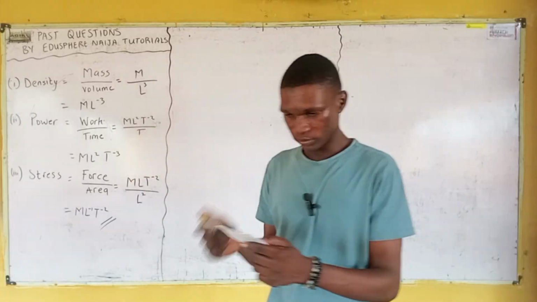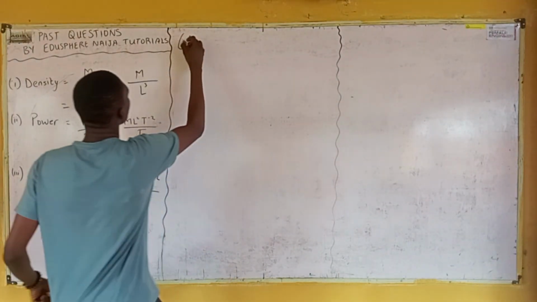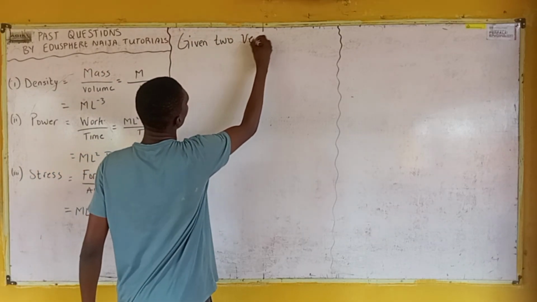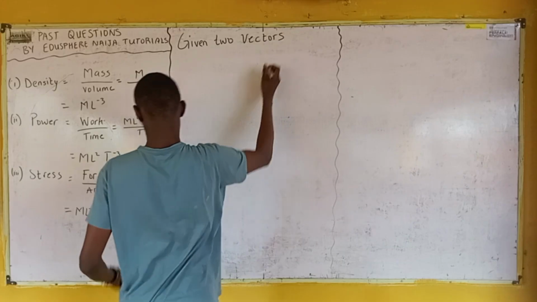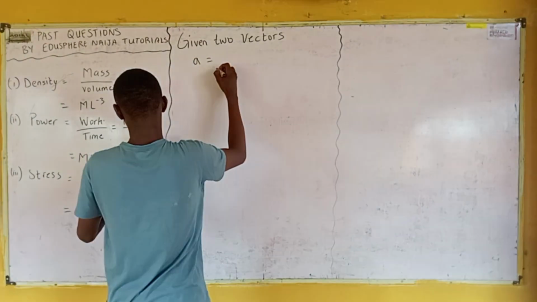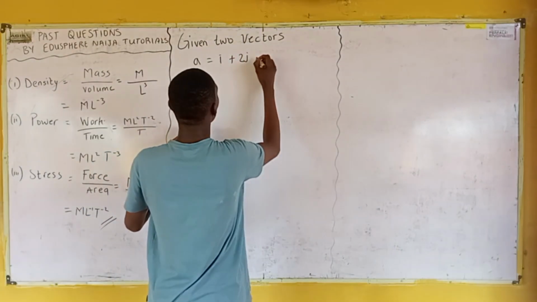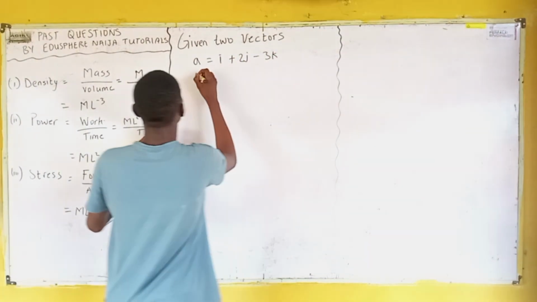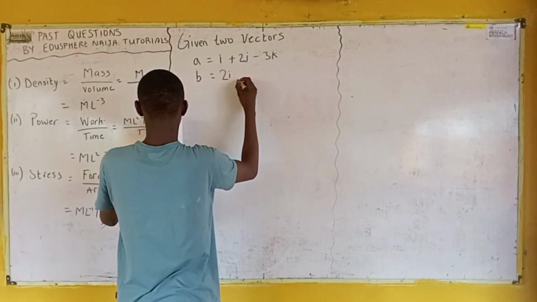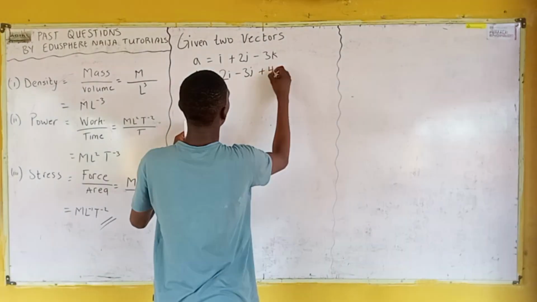The next question: given two vectors, A equals I plus 2j minus 3k, then B equals 2I minus 3j plus 4k.